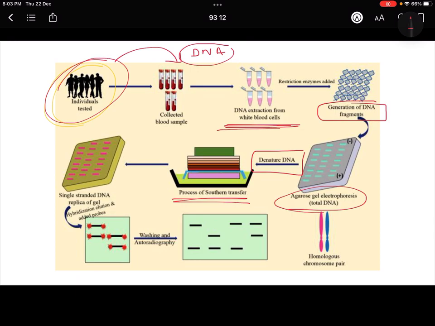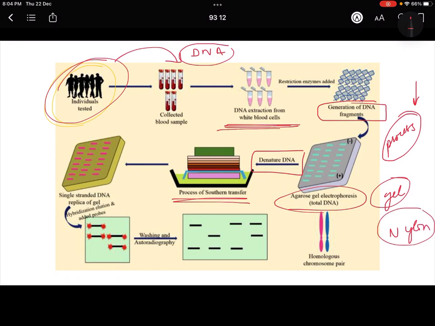What southern blotting is, what nylon membrane is, you don't need to go so deep into it, because nobody is going to ask you how DNA fingerprinting is done. But you should know what gel electrophoresis is, and that it is then transferred to a nylon membrane. This much you can remember. Nobody will ask you.